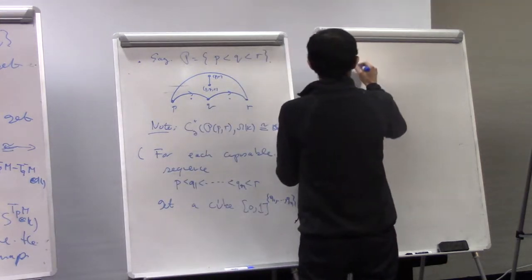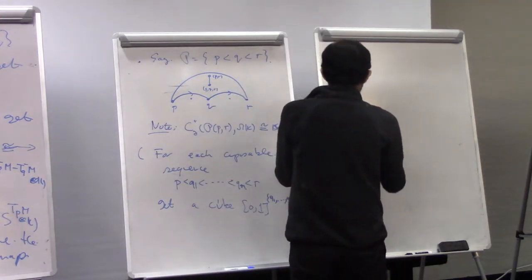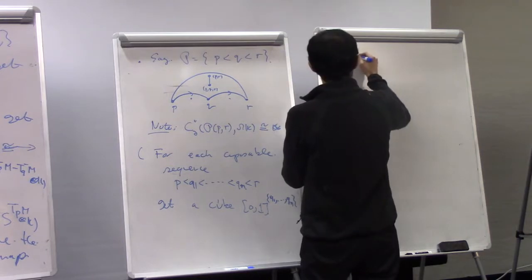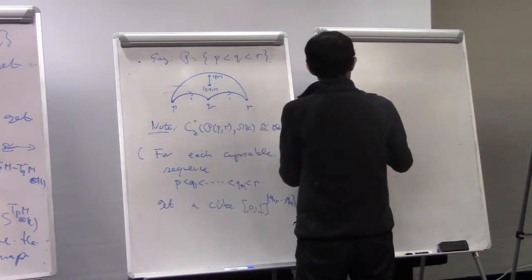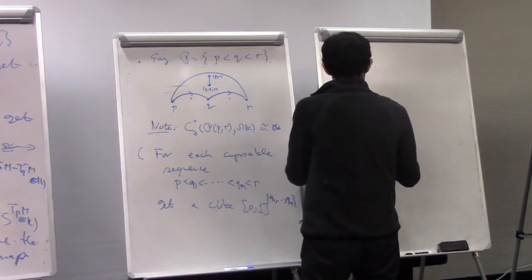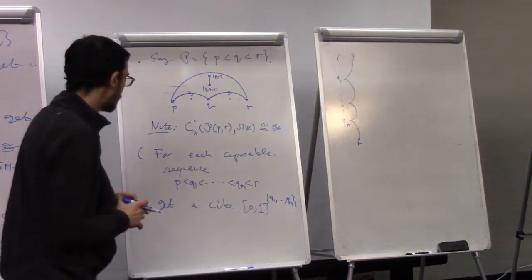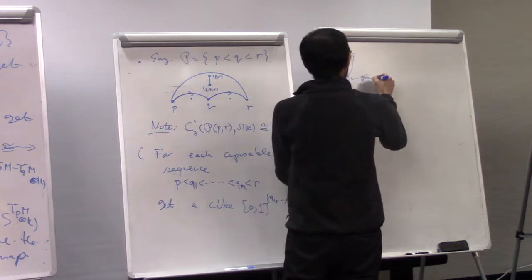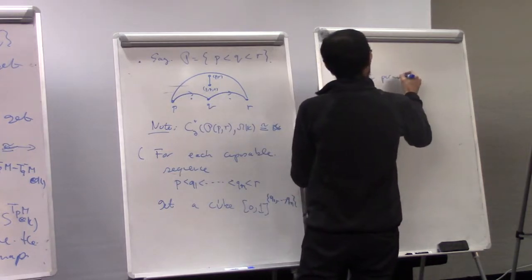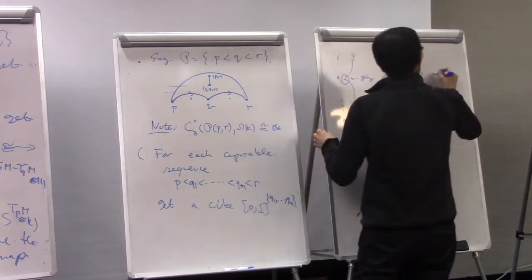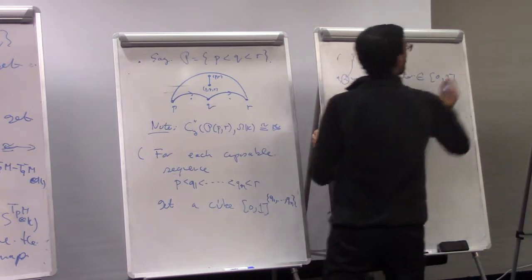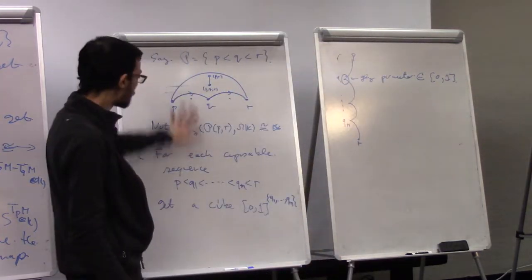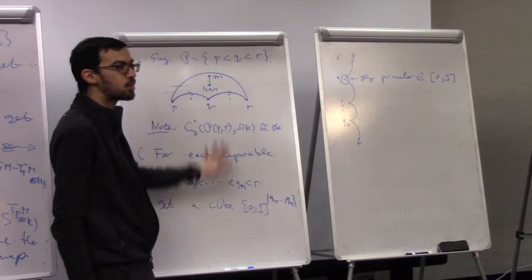You can have some kind of P, Q1, some kind of flow lines like this. If you try to think about gluing in Floer theory, then you need some kind of gluing parameter here. And that gluing parameter you can think as living in, so this is essentially some kind of space of gluing parameters for what you want to do.